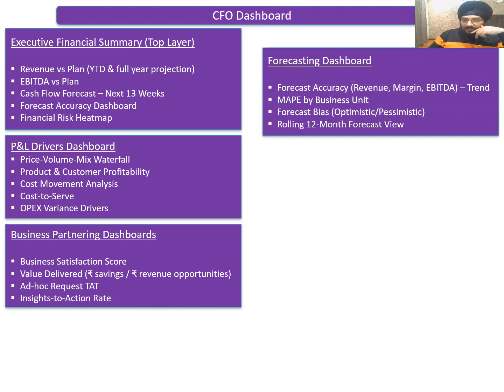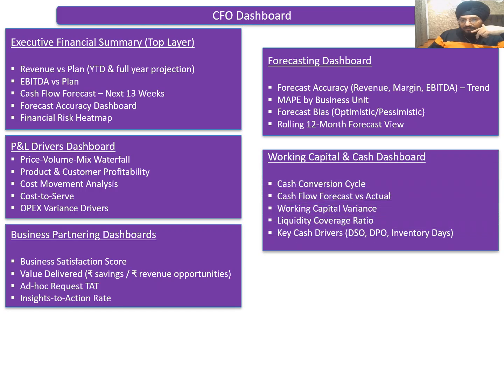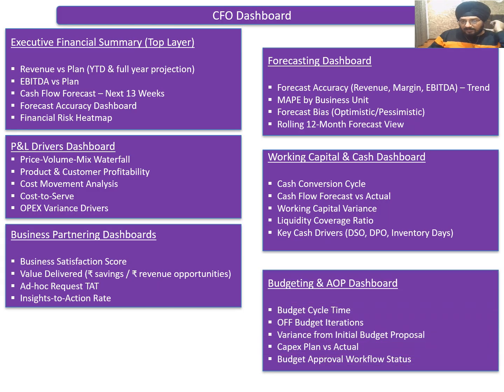Forecasting dashboard: forecast accuracy, MAPE, which is mean absolute percentage error at the forecasting level, forecast bias, rolling 12-month forecast view. Working capital and cash dashboard: cash conversion cycle, cash flow forecast versus actual, working capital variance, liquidity coverage. And then budgeting and AOP dashboard: budget cycle time, budget iteration, variance from the initial budget, capex versus actual, and then budget approval workflow.